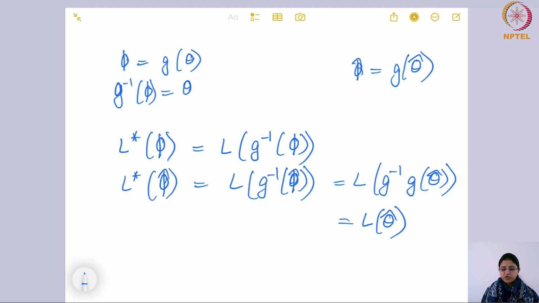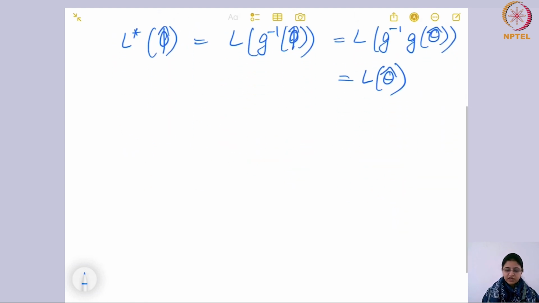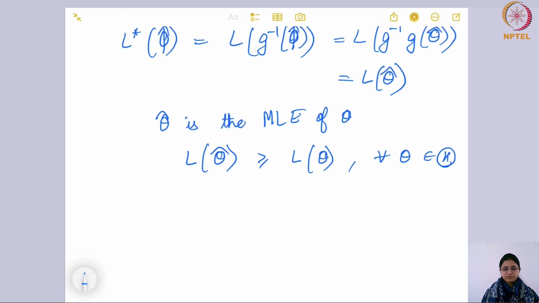Now let us try to prove the result. It was given that theta hat is the MLE of theta. If theta hat is the MLE of theta, it means that the likelihood function corresponding to theta hat would be greater than the likelihood function corresponding to any theta in the parameter space. This would be the maximum, so L of theta hat would be the largest one.